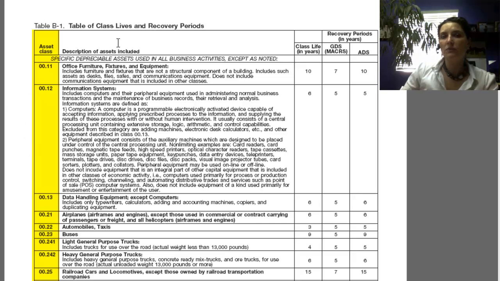And then it has a description of the assets that are included in each of those classes. Then it shows you the class life in years, the GDS or Modified Accelerated Cost Recovery life, and the ADS or Alternative Depreciation System recovery period in years. So we're going to be referring to this periodically throughout today's class, but I wanted you to flip to this section and basically have it available to you.